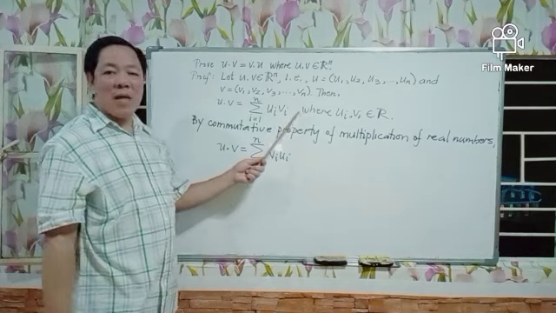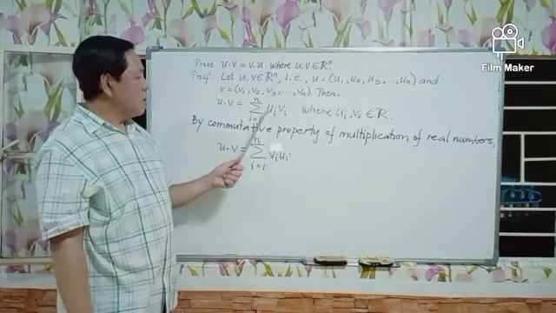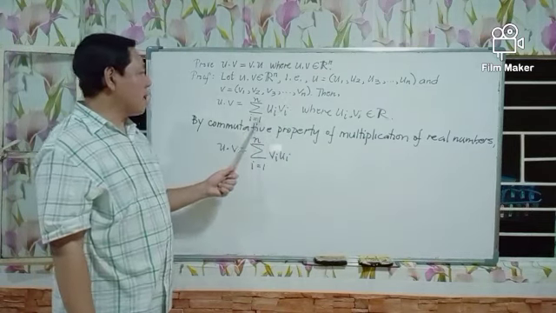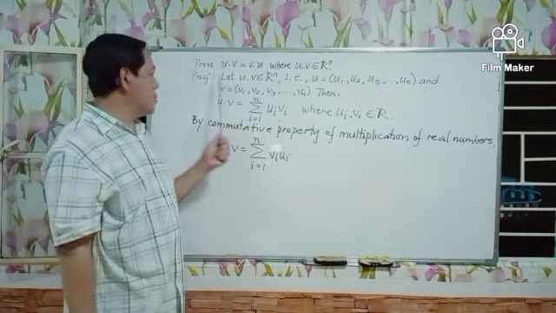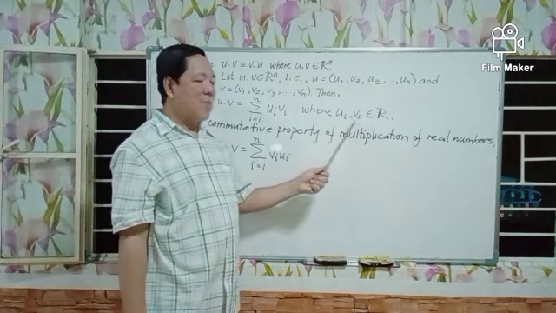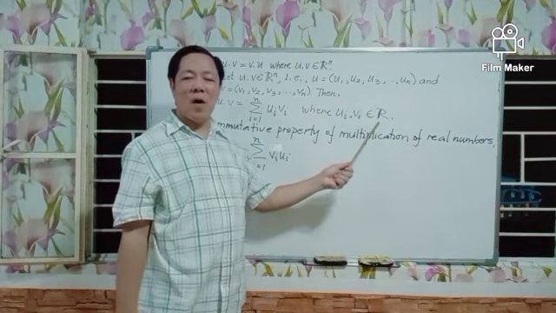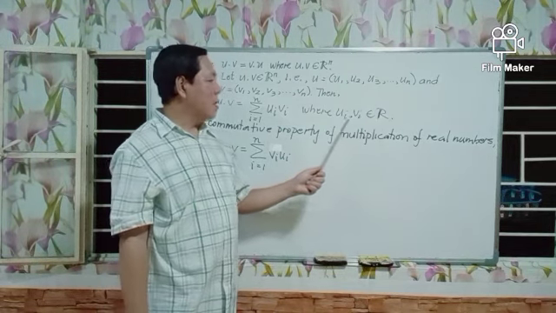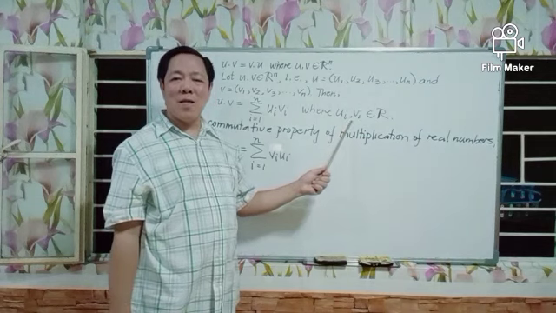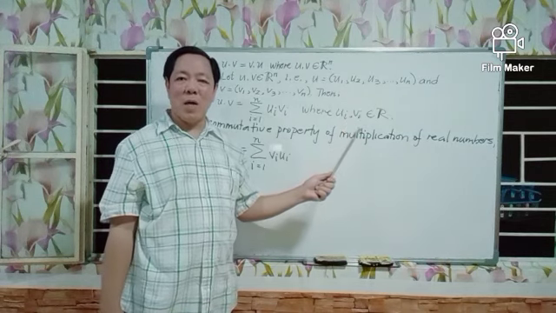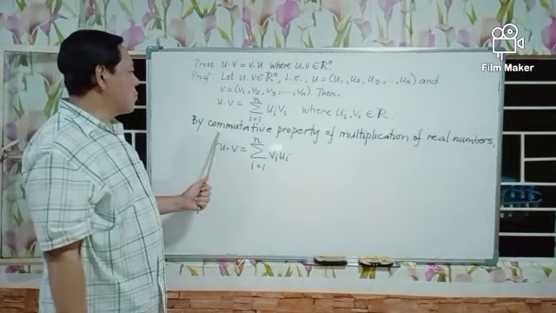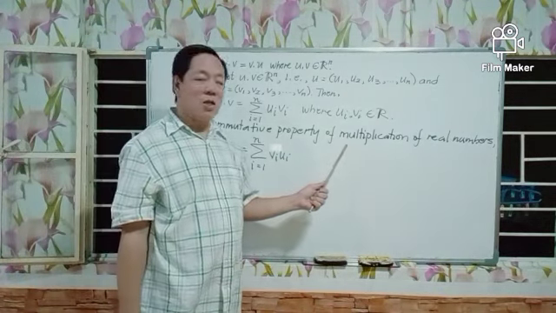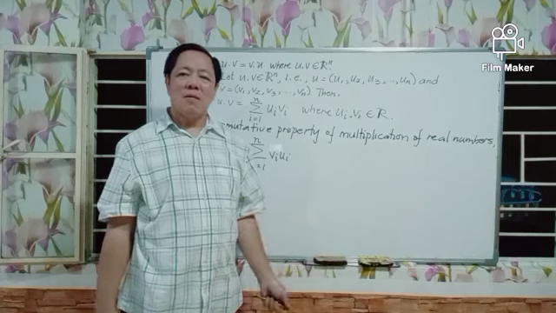So I now specify that u sub i, v sub i for i is 1 to n are the coordinates of the row vectors u and v. U sub i and v sub i are elements of R, the set of real numbers. So these numbers u sub i and v sub i for i is 1 to n are all real numbers. And we apply the commutative property of multiplication of real numbers.